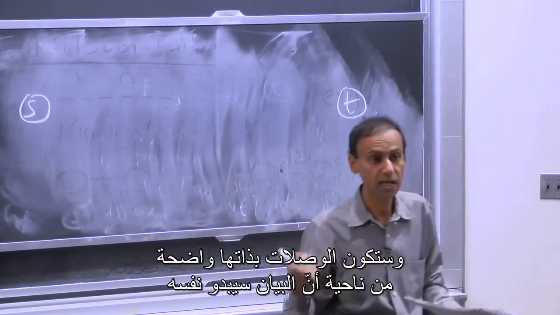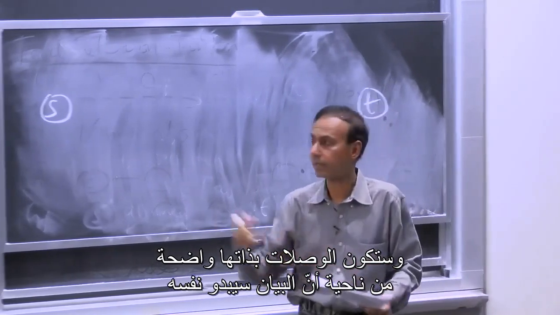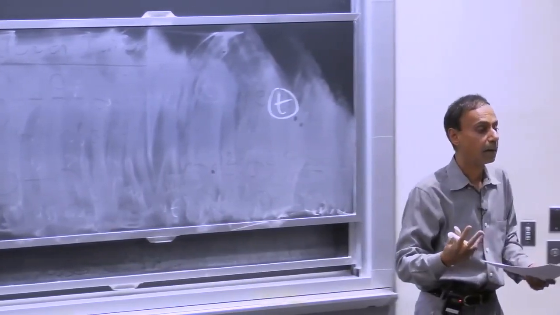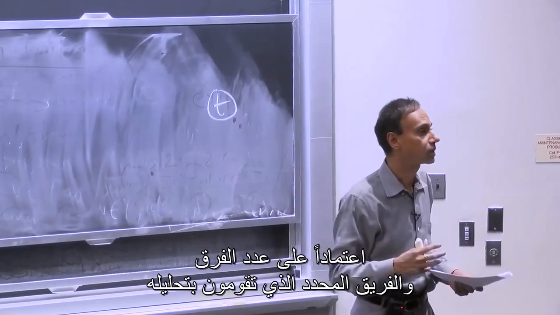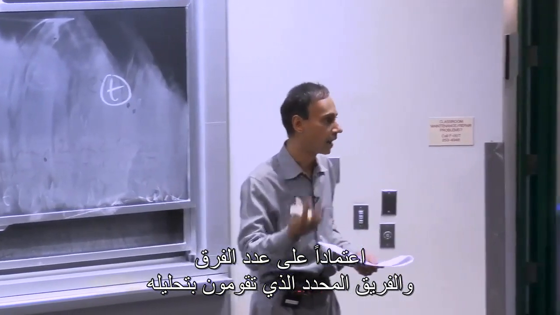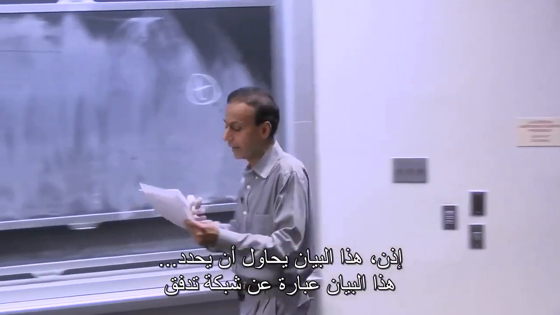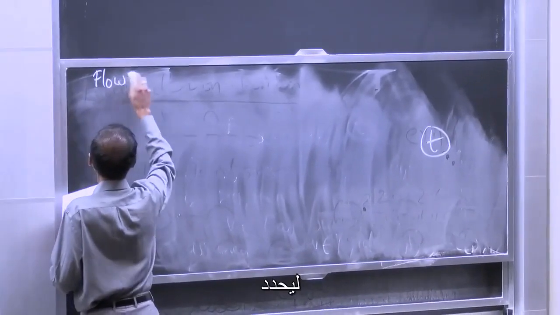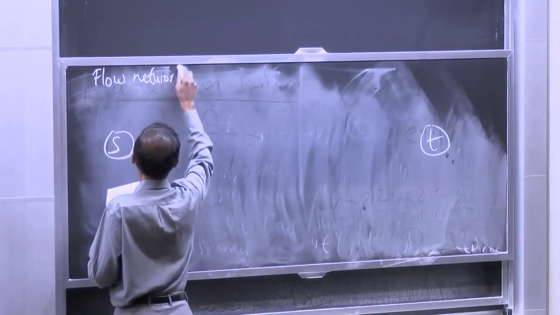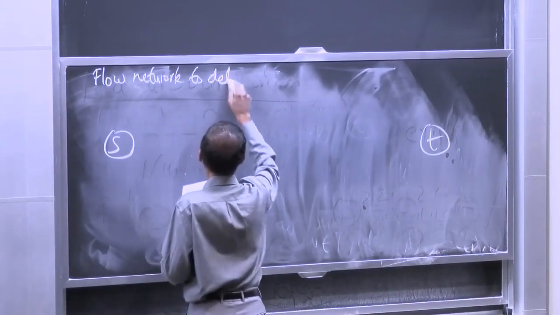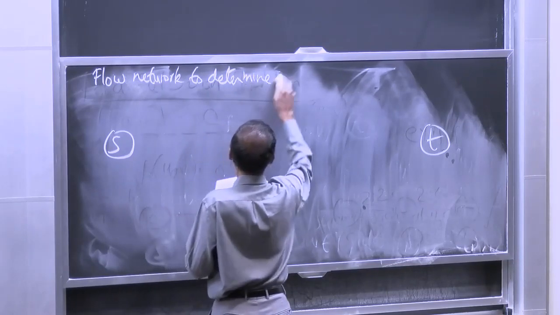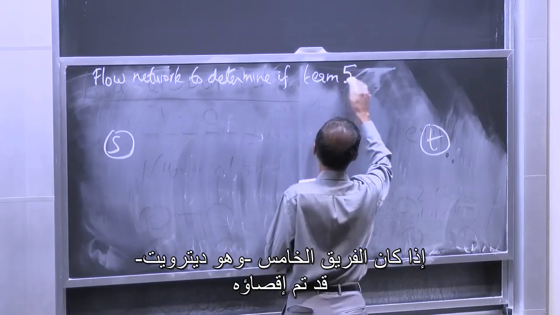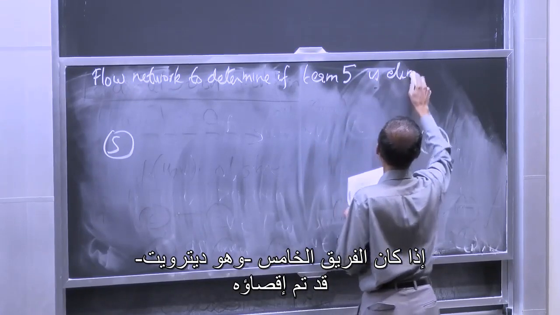And the edges themselves are straightforward in the sense that the graph is going to look the same based on the number of teams and the particular team that you're analyzing. So this flow network is to determine if Team 5, Detroit, is eliminated.